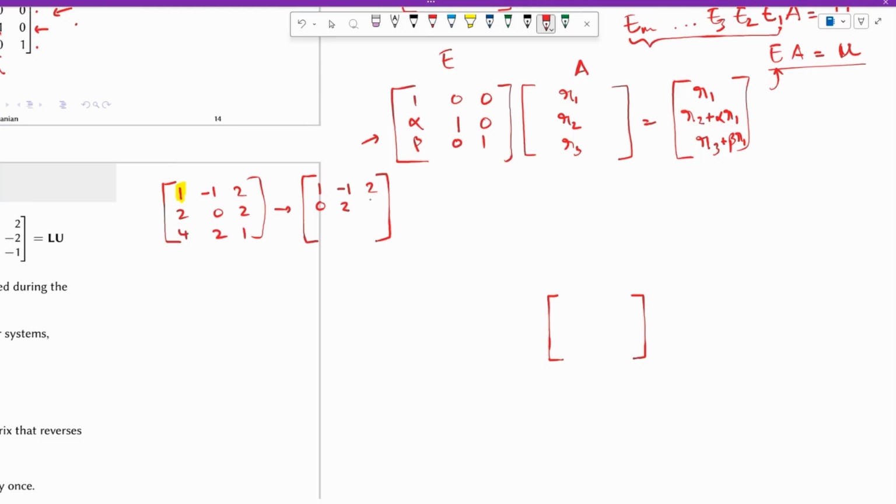Maybe do it and tell me. Minus 2, okay. And for now, we'll keep this unchanged. What is the corresponding elementary matrix now? If I pre-multiply this matrix by this matrix, I'll get this matrix.